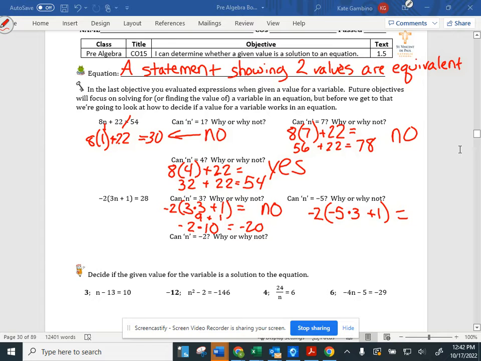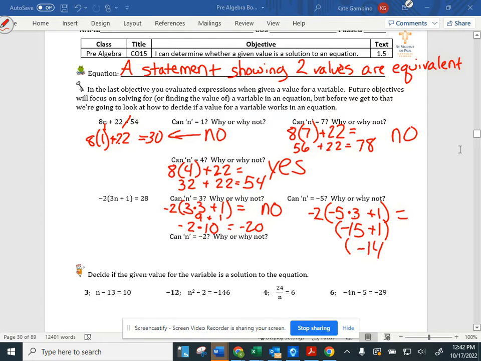Let's check and see. What is -5 times 3? -15 plus 1. What is -15 plus 1? -14, because we're at a negative, and when we add, we go to the right on the number line.